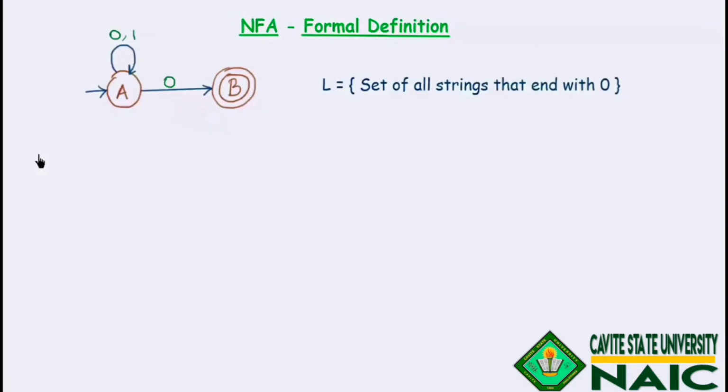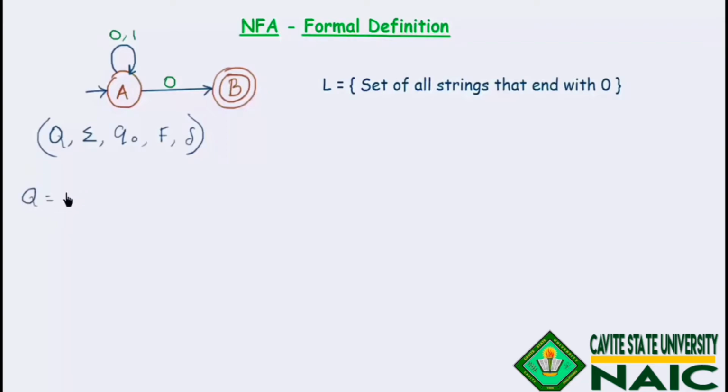Now let us try to give the formal definition. Just like DFA, NFA also is defined using 5 tuples, which are Q, sigma, Q naught, F, and delta. Using this 5-tuple, we can define our NFA. And what are these? I will write it down; it is almost the same as DFA.